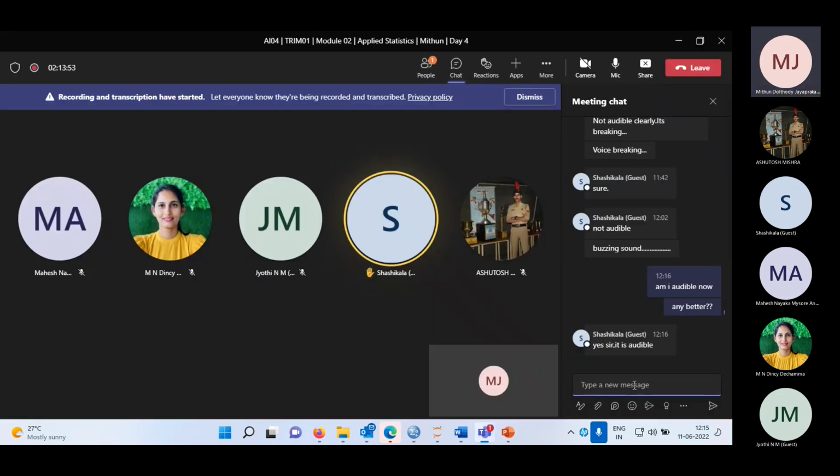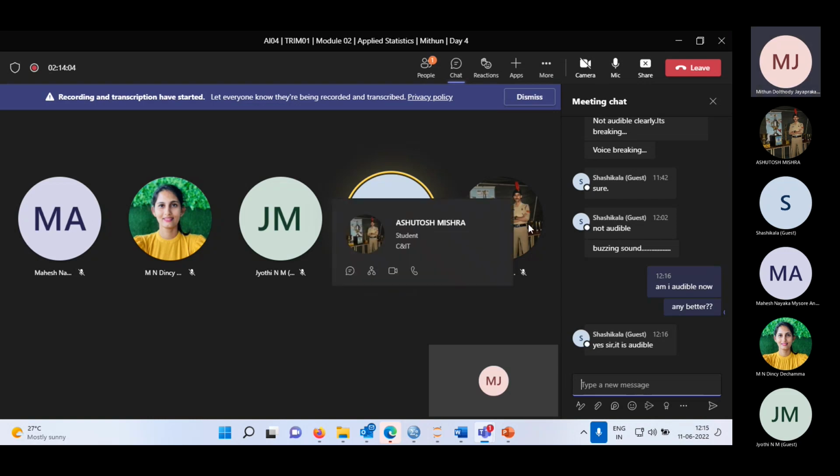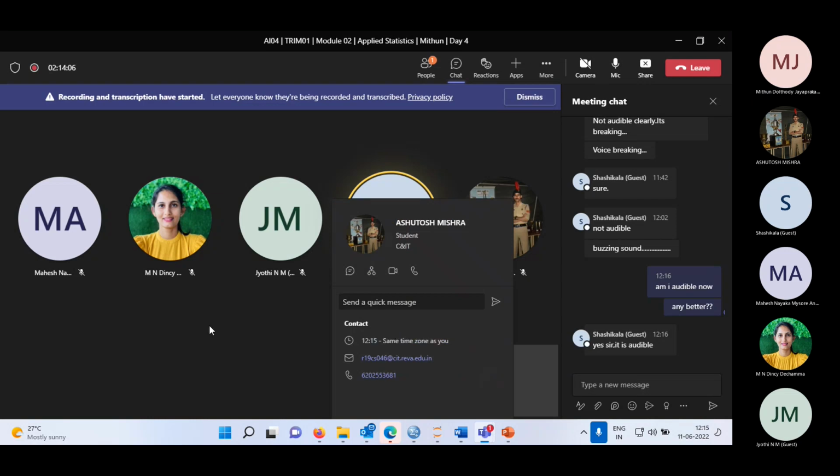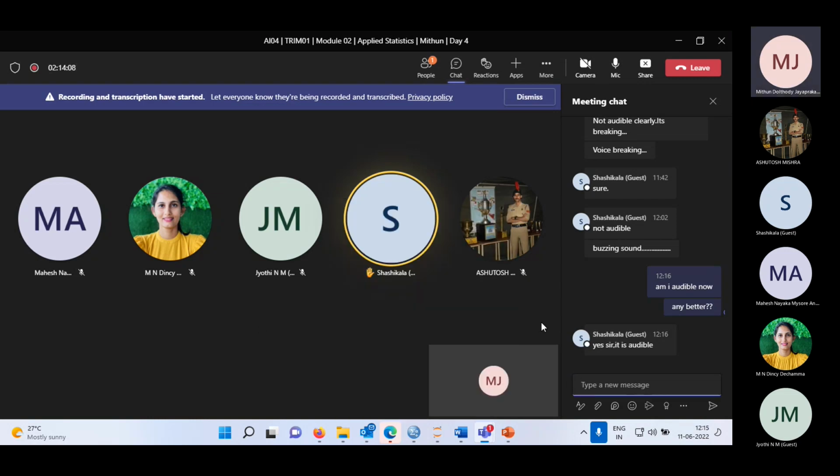Ashutosh, day 3 second session video needs to be uploaded. Can you please do it? Day 3 second session video needs to be uploaded. Can you please speak up, Ashutosh?